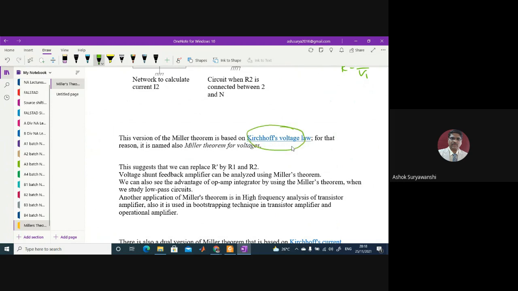So the basis of Miller's theorem is Kirchhoff's voltage law, and for this reason it is also named Miller's theorem for voltages. That one has to understand.